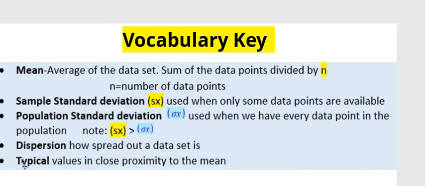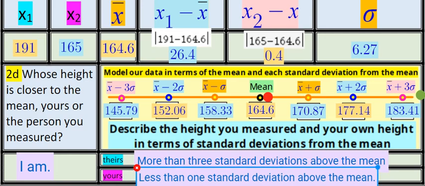What I'm talking about today are typical values. So definitely, if we go back to our model, my height would be considered typical for our class. And the way that I want to identify a typical value is generally fairly close to the mean. So how can we get specific about what we consider fairly close? Within 1 standard deviation.